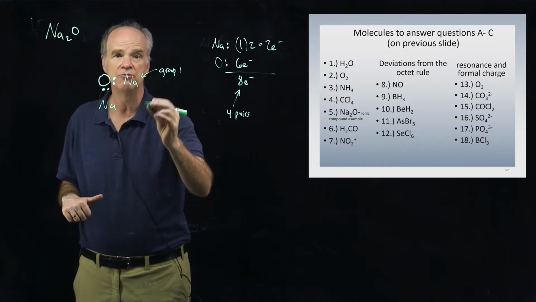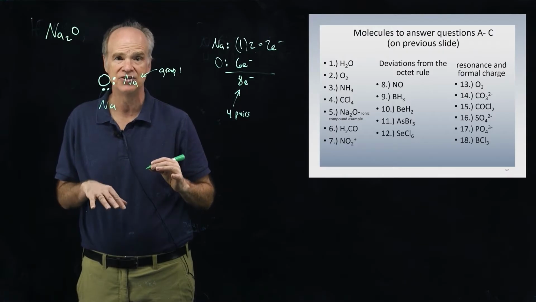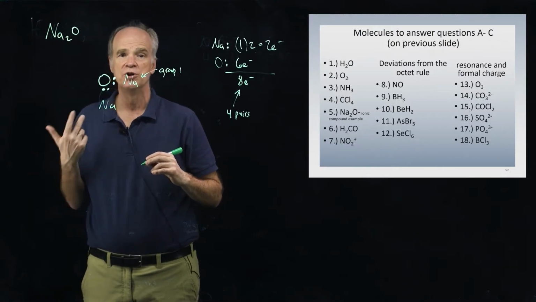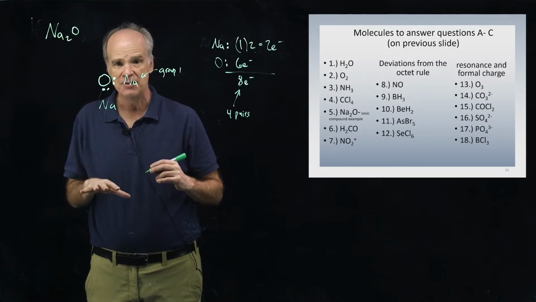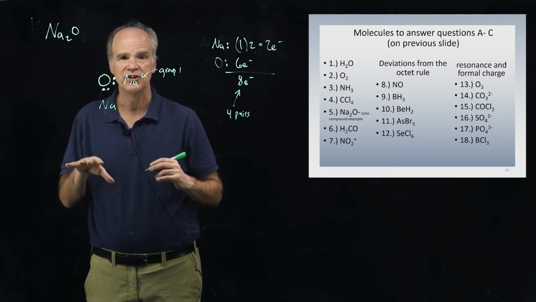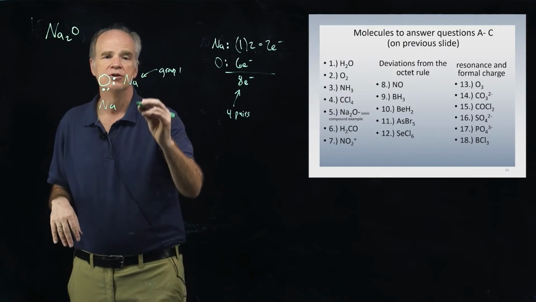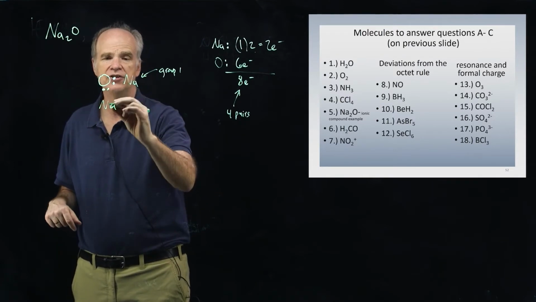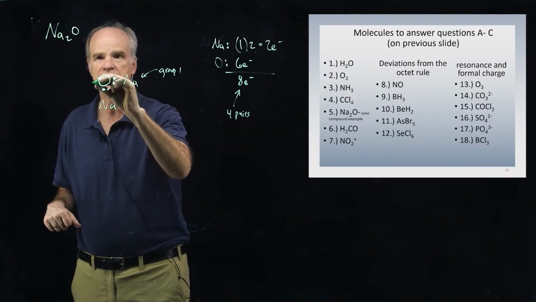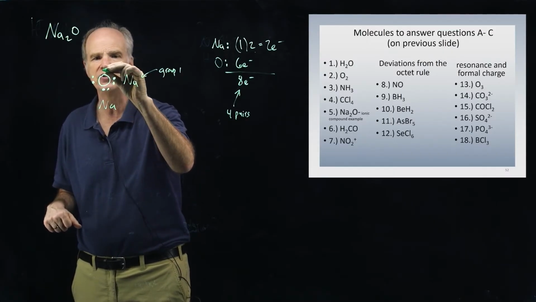So sodium will not get an octet. You'll learn that for group 2 and group 3 elements. Those elements can be stable without octets, so they can have lower numbers. So here, this sodium will be stable with this pair of electrons, and this sodium will be stable with this pair of electrons. And so we have the other 2 pairs here.